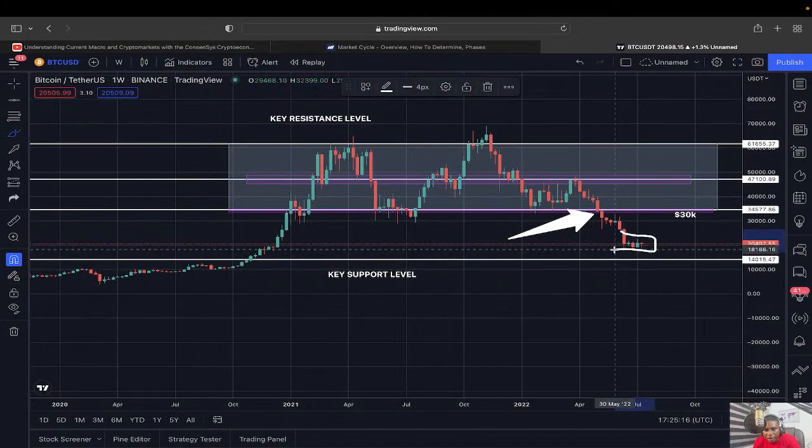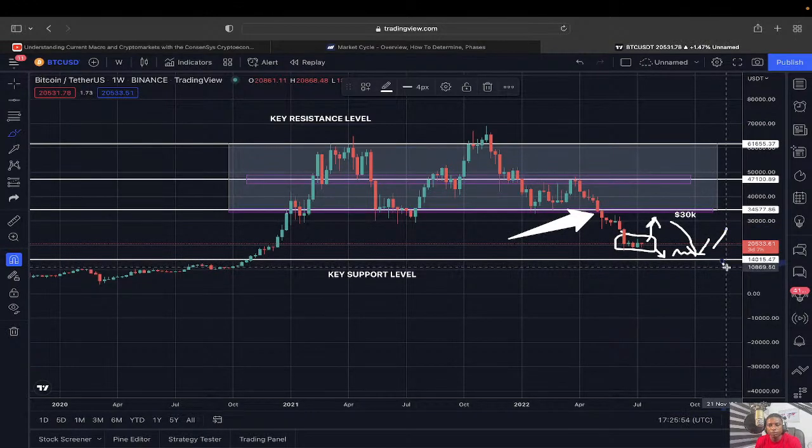It's either price reverses and pulls back to this level before reverting back to this level, or price continues to fall and touches this level, consolidates, and decides either upward or we just fall further. All right, so this is what we have here now.